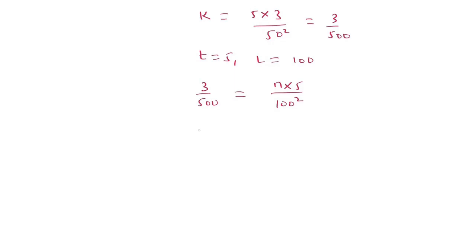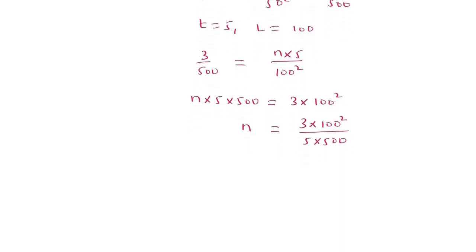We are going to have N times 5 times 500 equals 3 times 100 squared. So next we are going to divide by 5 times 500 both sides. Then our equation is going to be N equals 3 times 100 squared over 5 times 500, of which after solving the values we are going to have N equals 12.